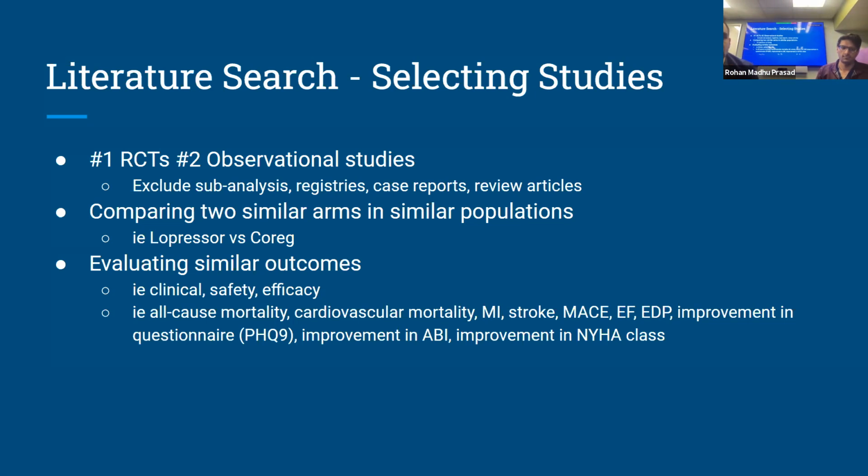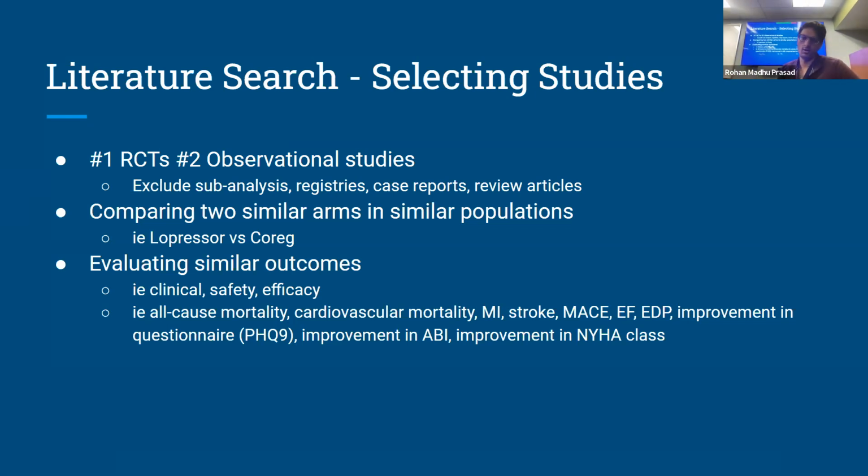Some registries can compare two arms to each other, and some of them only report, let's say the TAVR registry, they report incidence of stroke after TAVR. This is only one arm, the reporting outcome, so that's useless. But the main thing, you don't really need to know exactly which studies to exclude, but the main thing is that you need two arms that are getting compared against each other, and Rohan will talk about the clinical outcomes.